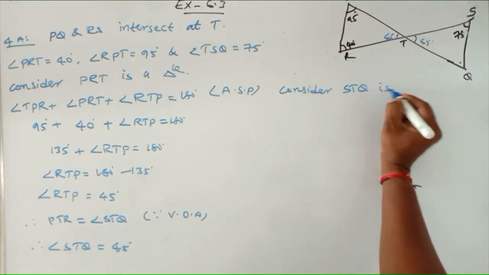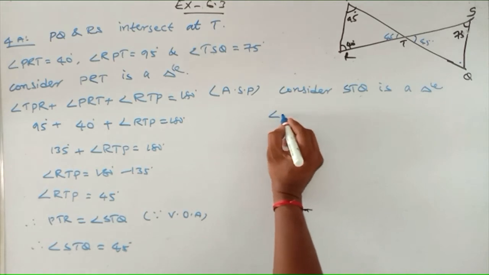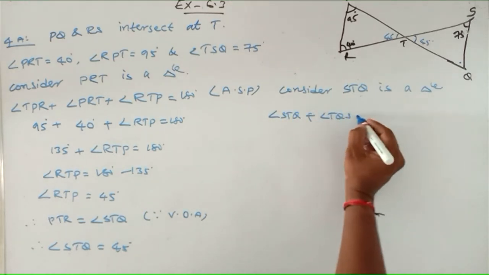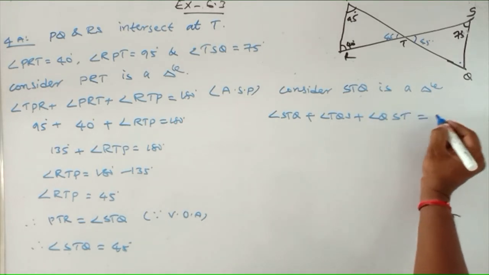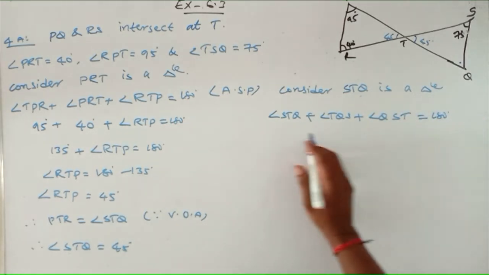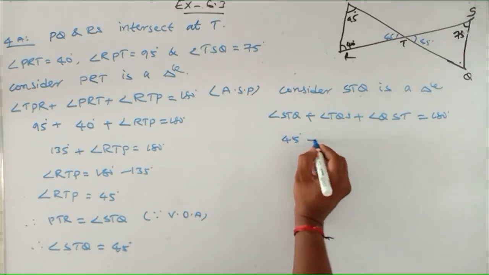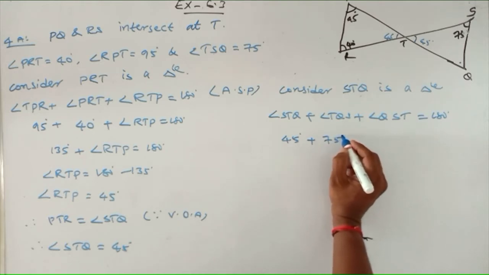Now I am considering STQ as a triangle. Again by angle sum property, angle STQ plus angle TQS plus angle QST is equal to 180. STQ value is 45 degrees plus 75 degrees.